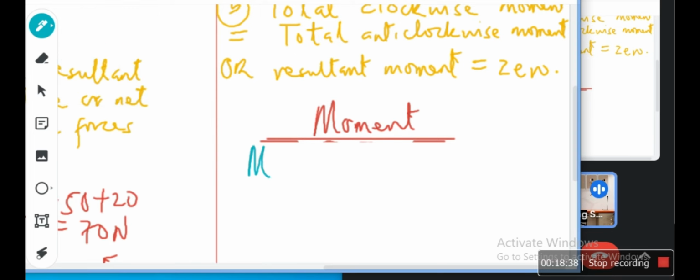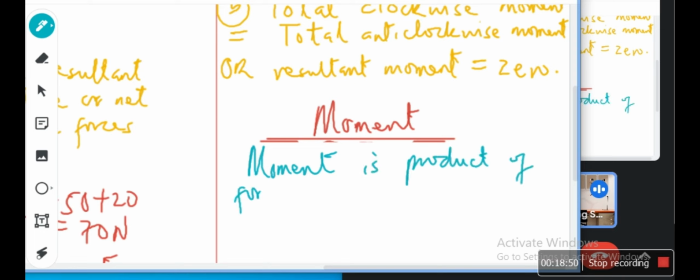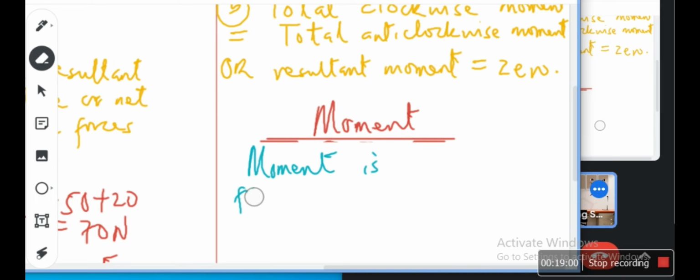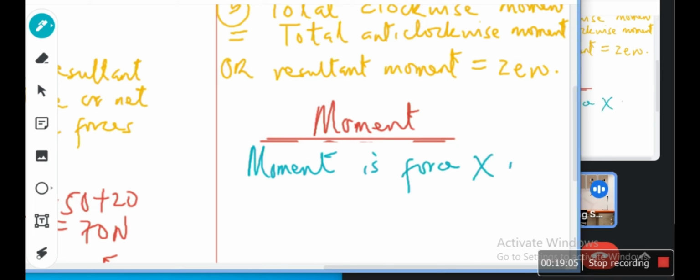Okay, let me remind you. Moment is the product of force and perpendicular distance from the pivot. You know, product means times, isn't it? So moment is force times perpendicular distance from the pivot. Let me just write it in simple terms.